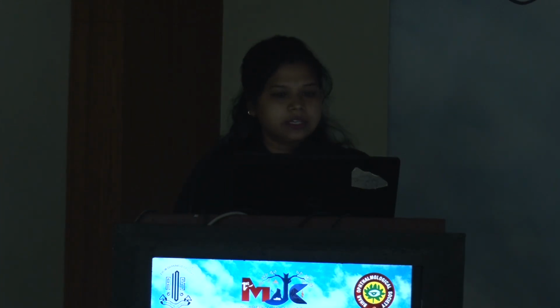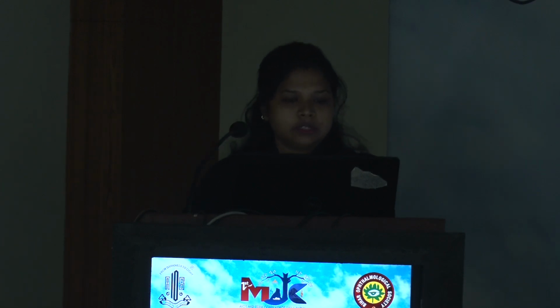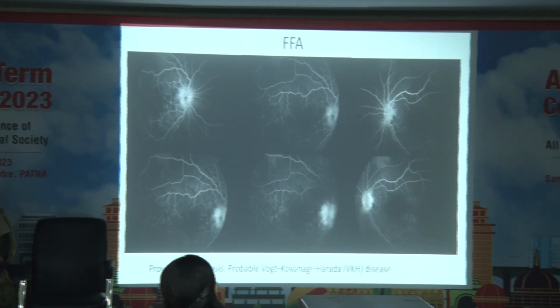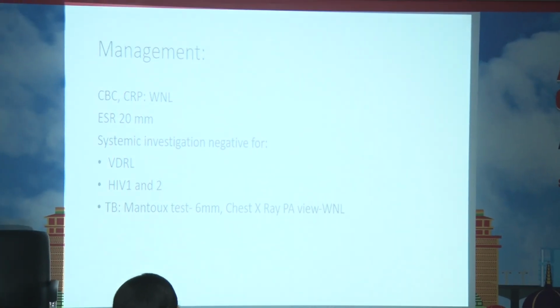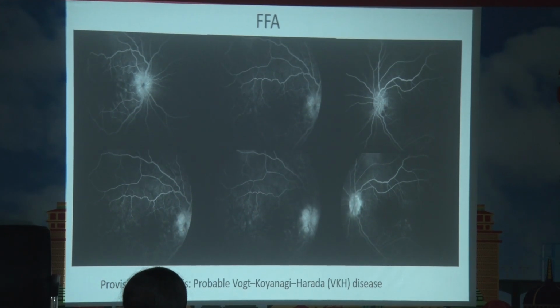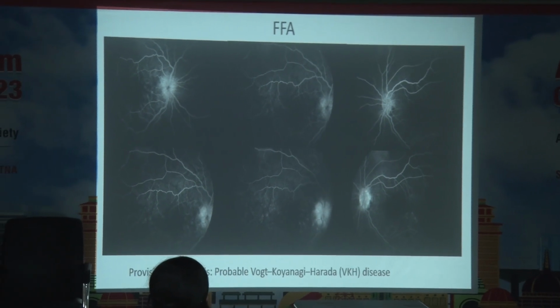So when we went ahead with OCT, we found loculated subretinal fluid and neurosensory detachment in right eye, whereas left eye OCT was also normal. Further, we went ahead with fundus fluorescein angiography, and we could see multiple pinpoint leakages, and disc leakage was also seen. So we made a provisional diagnosis of probable Vogt-Koyanagi-Harada disease because there were no systemic symptoms with the patient. She only had ocular disease.